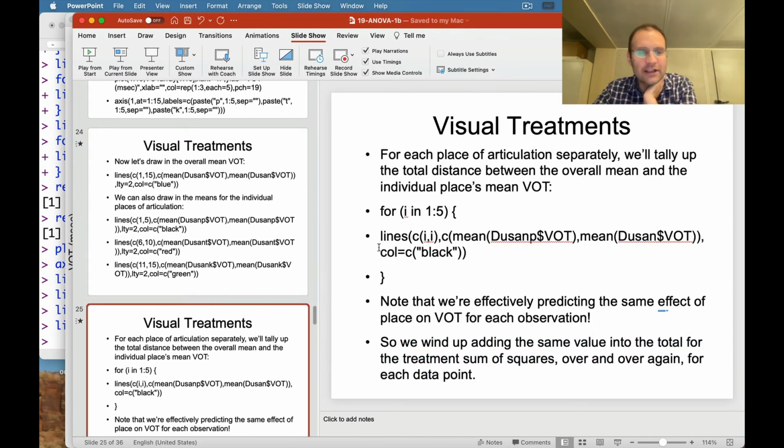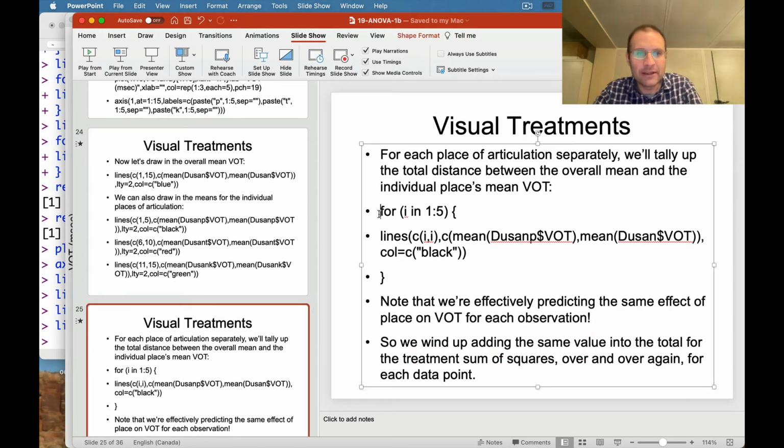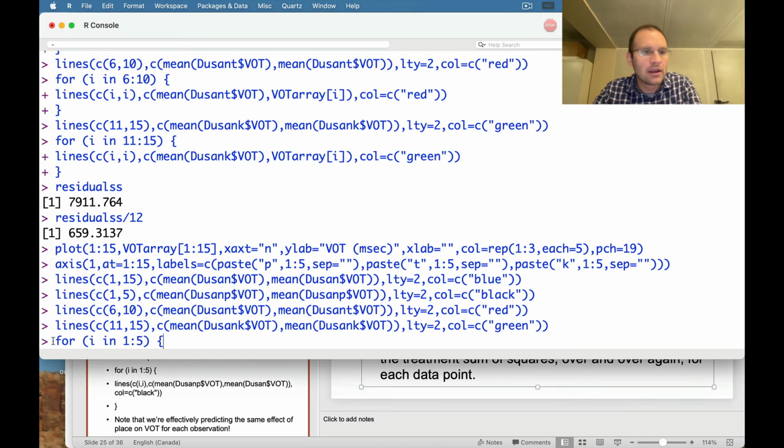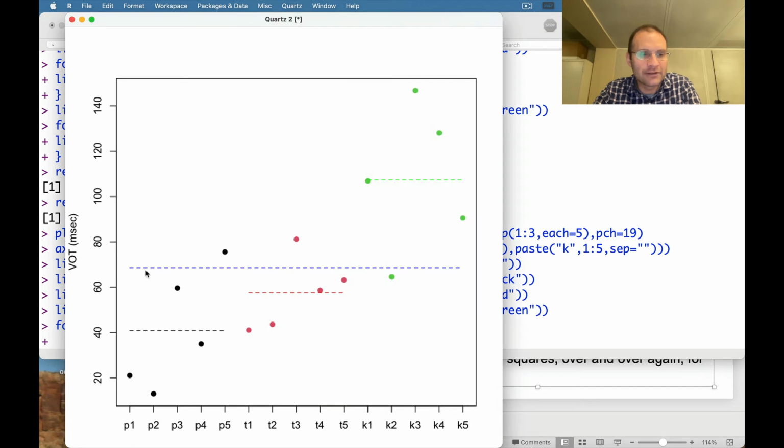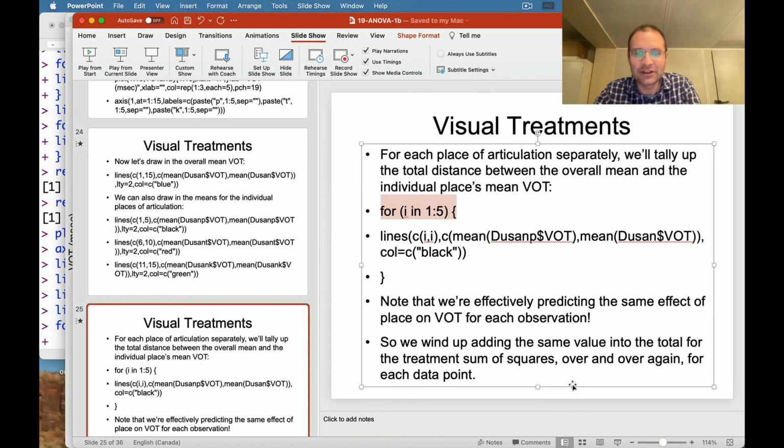And so for each place of articulation separately, what we want to tally up is the total distance between the overall mean and the individual place's mean VOT. Right, so I'm going to be linking up the various dashed lines here and seeing how big those deviations are, basically, when I calculate this treatment sum of squares.